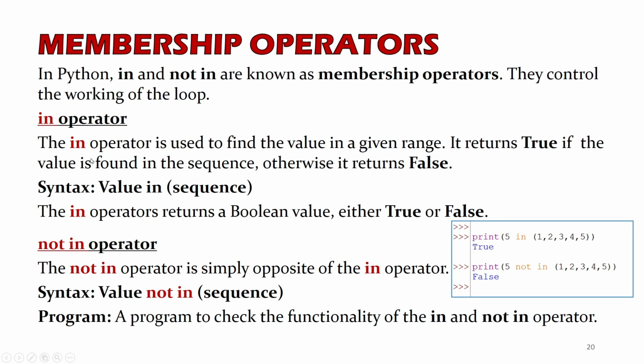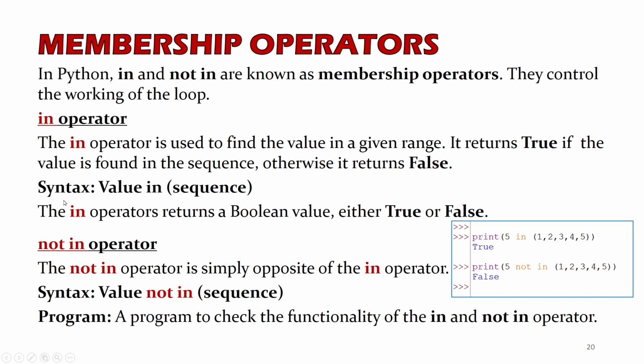In asks whether this particular value is present in a group or not. Not in means whether this value is not in the group. It returns true if the value is found in the sequence, otherwise it will return false.